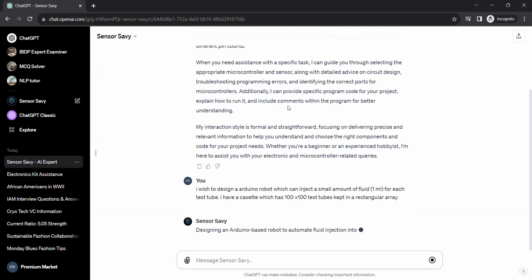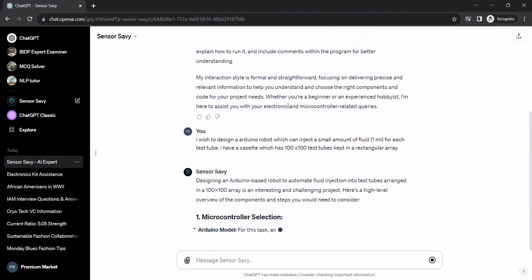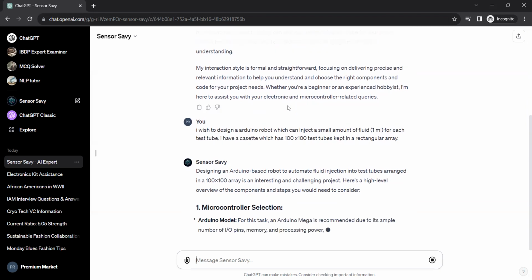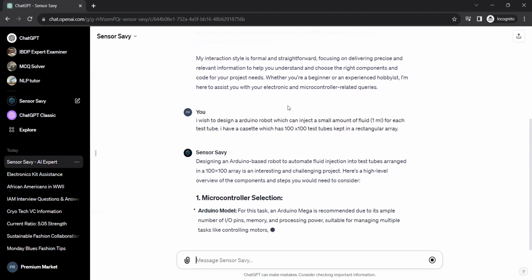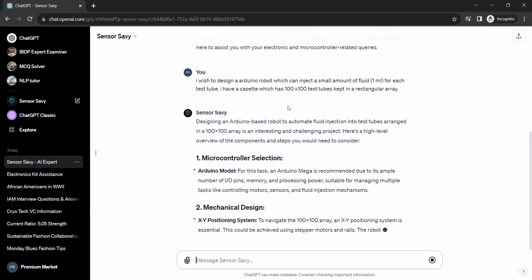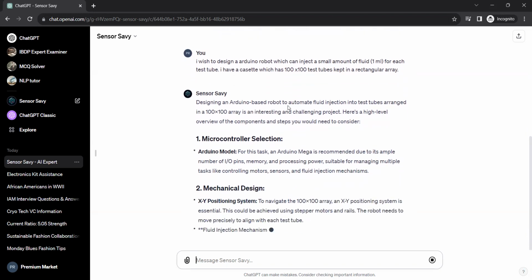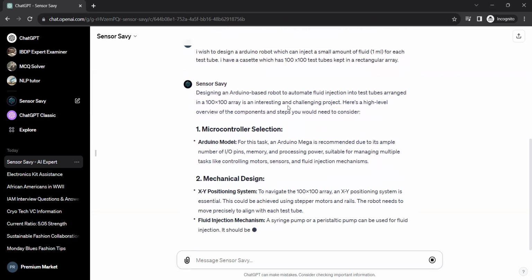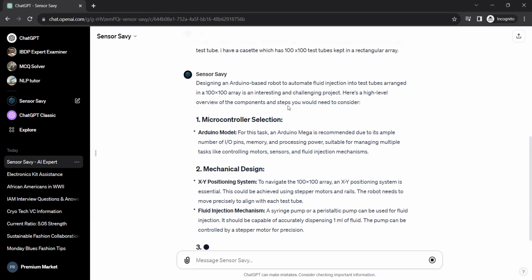So designing an Arduino-based automated fluid injection into test tubes arranged in an array is interesting and challenging. Okay, fine. So what is the microcontroller selection? We have used an Arduino. Number of pins, okay, fine. Mechanical design: XY positioning system. How you need to do it has been given over here. Fluid injection mechanism.